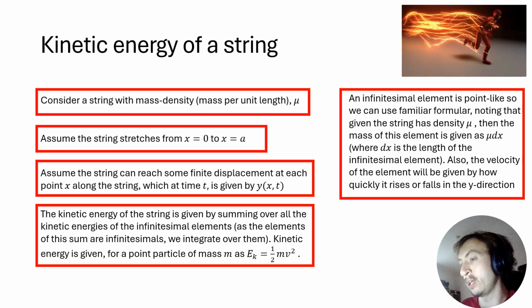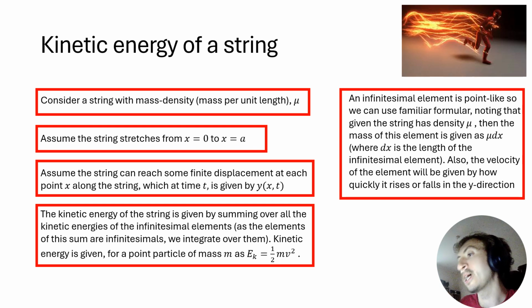Or, in the language of calculus, it's the partial derivative of the y coordinate, so its displacement, with respect to time. And we have to square this derivative to get the velocity squared, to put in our expression for the infinitesimal kinetic energy of our infinitesimal segments of the string.